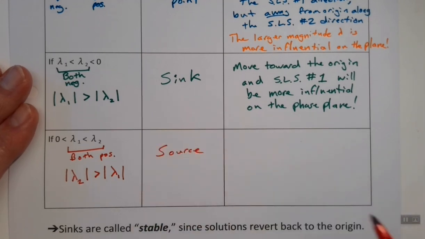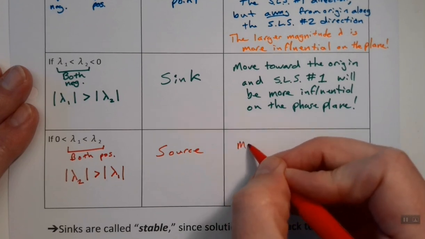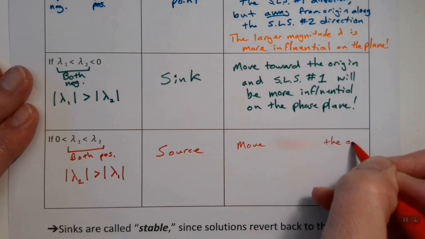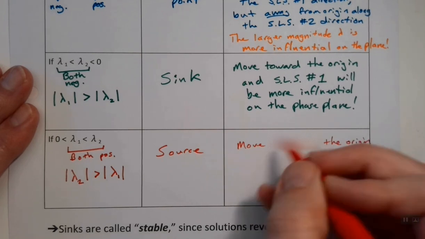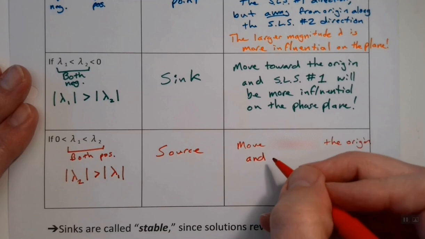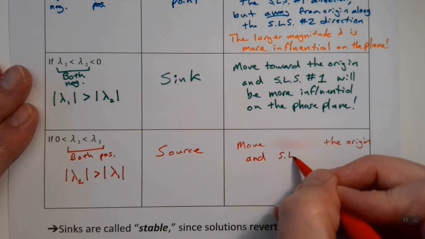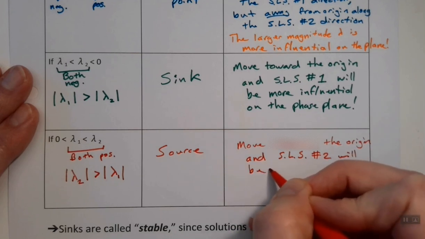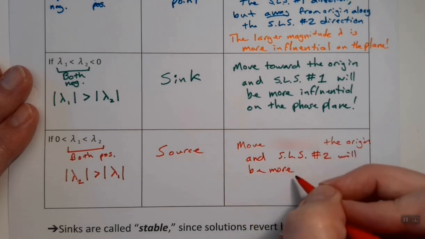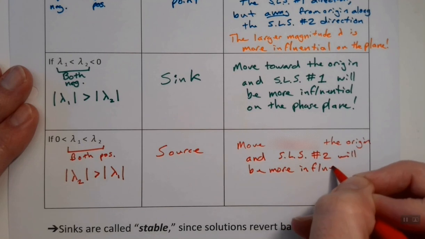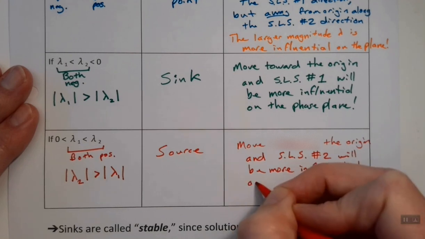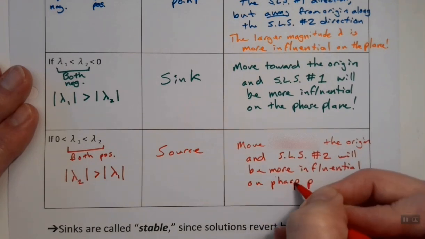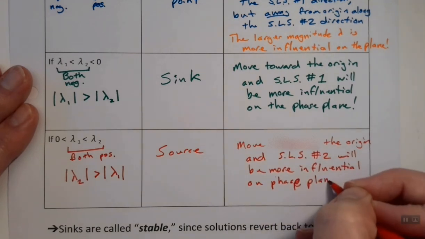And that tells you that all the solutions will move away from the origin. And the straight line solution number 2 will be more influential on the phase plane.